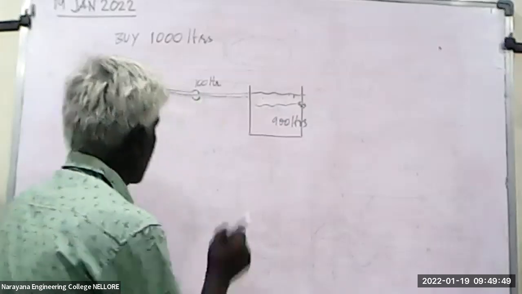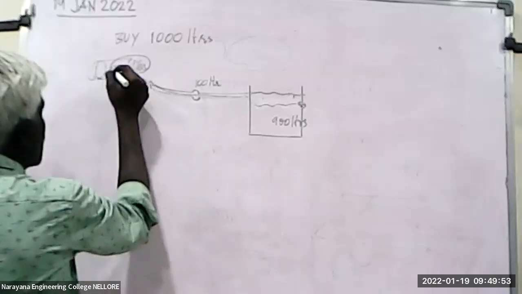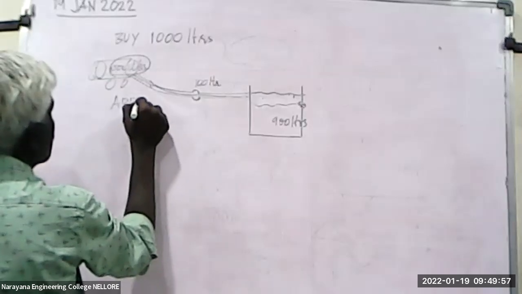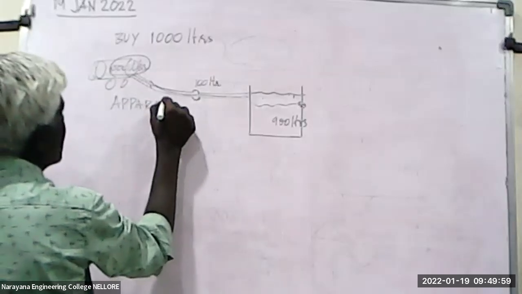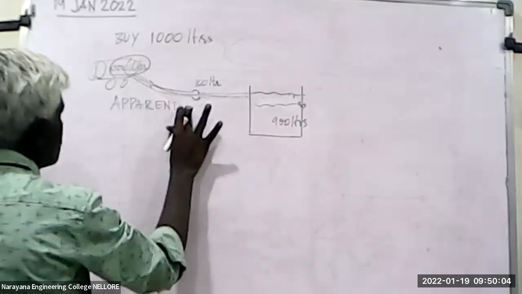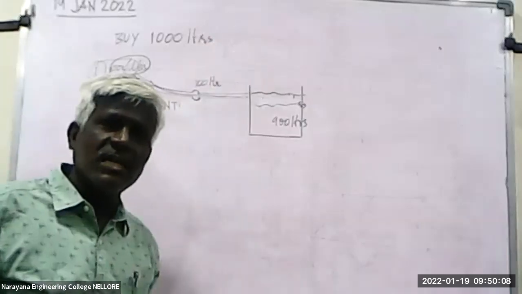Yes, sir. Okay, so now this is your apparent power. You bought a generator, or you bought a water tank. Apparent means that it is imaginary power. They call it imaginary power, apparent power. So you think that you bought 1000 liters, you will get 1000 liters.